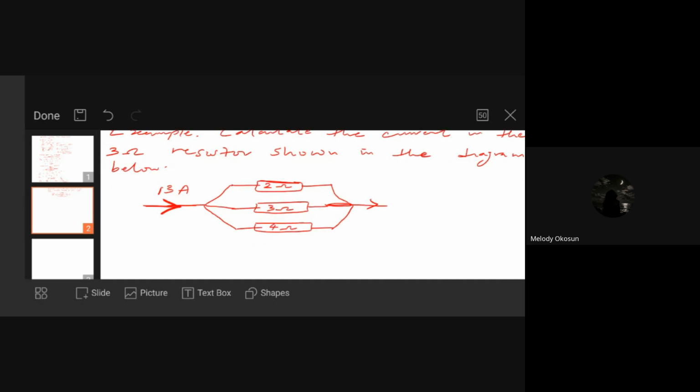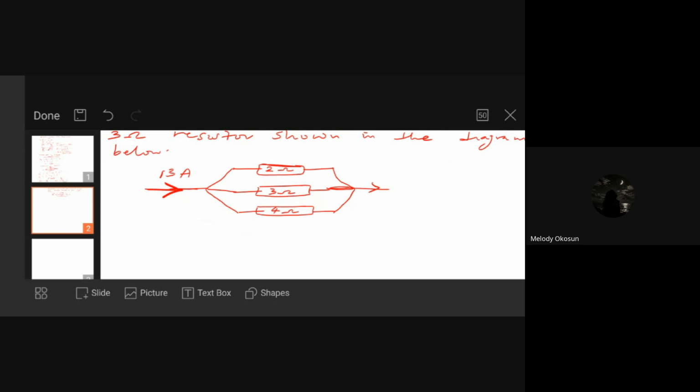So let's calculate the current flowing through the resistor at the center, which is the 3 ohm resistor. But before we do that, we need to find the total resistance of these resistors. That's the first thing to do.